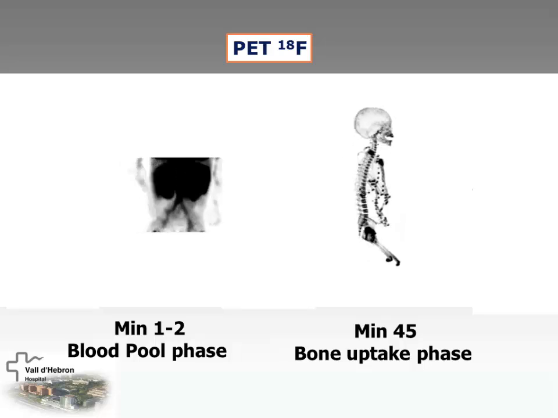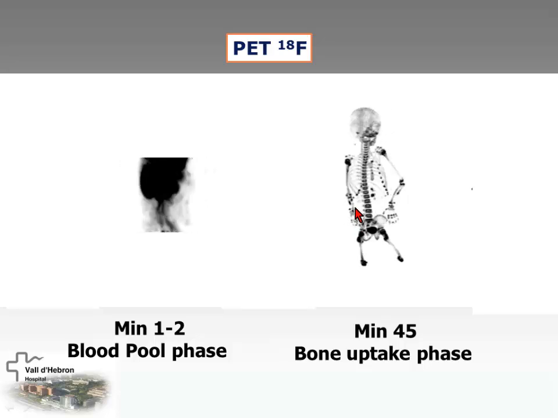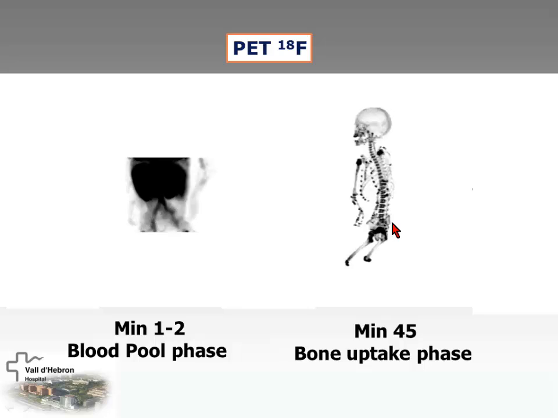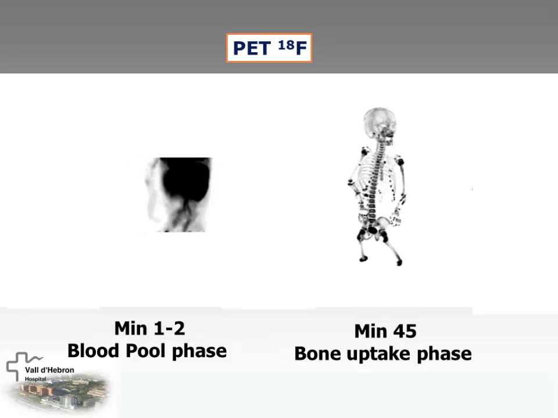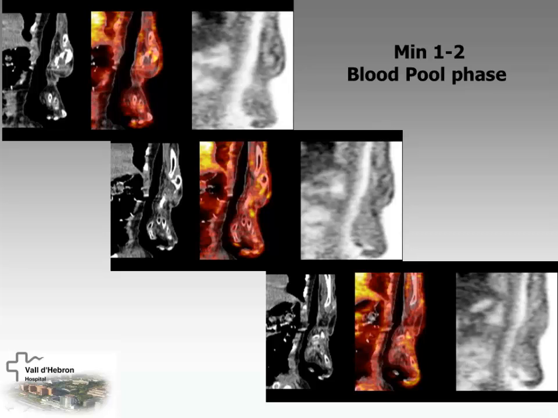And on the right, you have the MIP images, but it is very complicated due to the existence of multiple fractures of bones in this arm. I think that you can see much better in the fused images. This is the right arm without pain, and this is the left one with pain, and the shoulder arthrosis here. And here you can see the fused images of the blood pool phase.